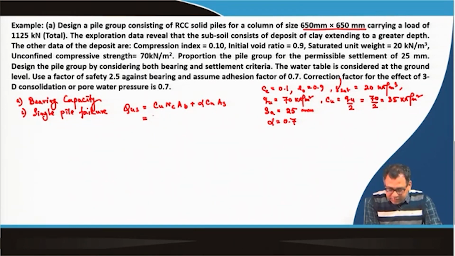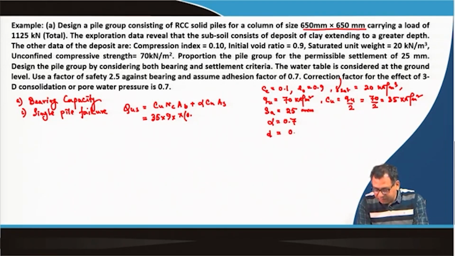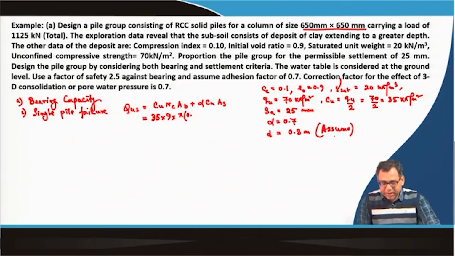Cu is given as 35, Nc is equal to 9, and area is pi d square by 4. For the first trial we are assuming the diameter of the pile is 0.3 meter.